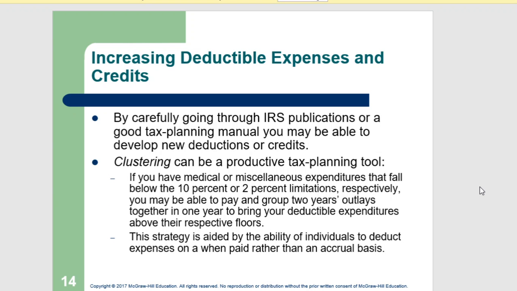So the first is increasing deductible expenses and credits. A classic example is just increasing charitable giving. Let's imagine you had a whole bunch of clothes you could donate. That's a deduction at fair market value of the clothes donated. That would increase deductions and reduce tax in the year the donation happened.